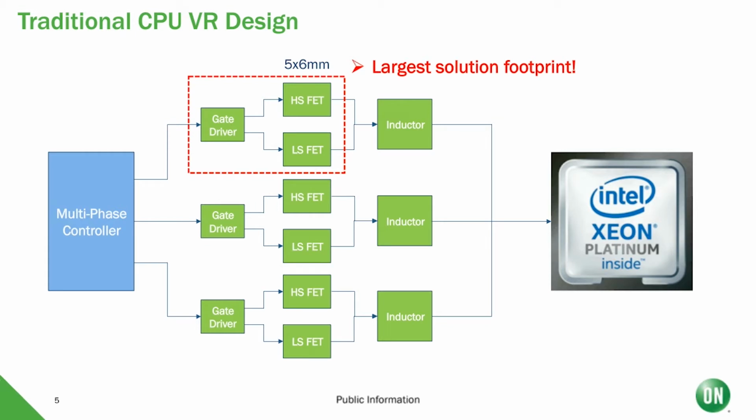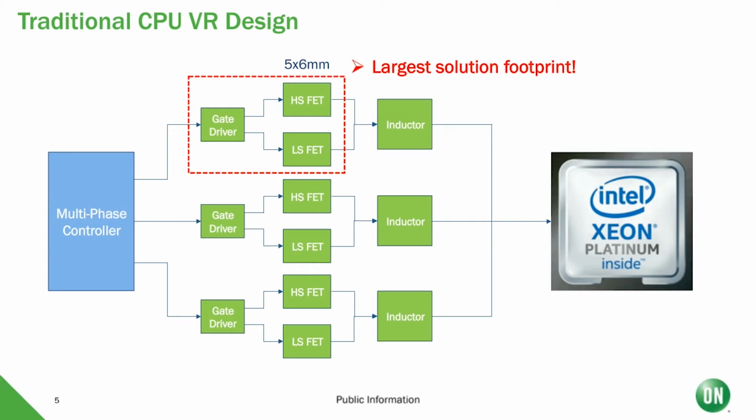Each of the high side FET and low side FET is typically around 5 by 6 millimeter. The gate driver is maybe a little bit smaller, like a 3 by 3. So this is what we used to do about a decade ago, and this is basically the largest solution, considering what we have now. This solution area is definitely much larger than what we have now.